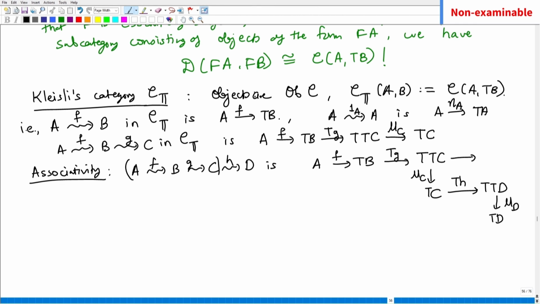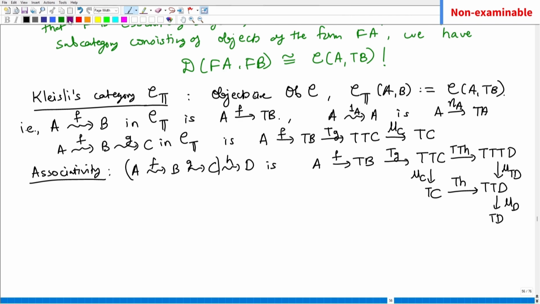What should this be? I can complete this diagram. This will be TTH to TTTD, and then I will take the morphism vertically, mu sub TD. This square commutes because mu is a natural transformation.